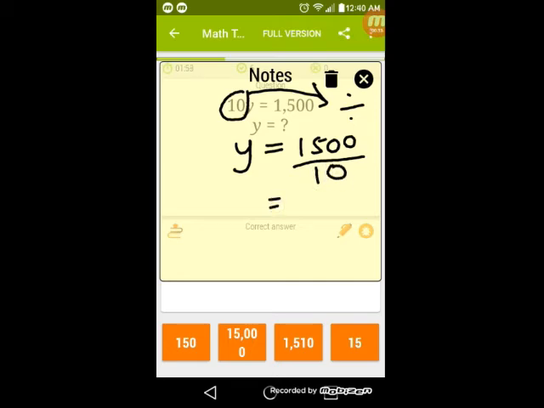Simplify that. If you have a 0 on top, it can cancel out with a 0 on the bottom. We learned that in division. So now you have 150 over 1, which is the same as 150. Remember, any number you can convert it to a fraction by putting it over 1. So 150 over 1 is the same as 150. So that is your answer. Y is equal to 150.